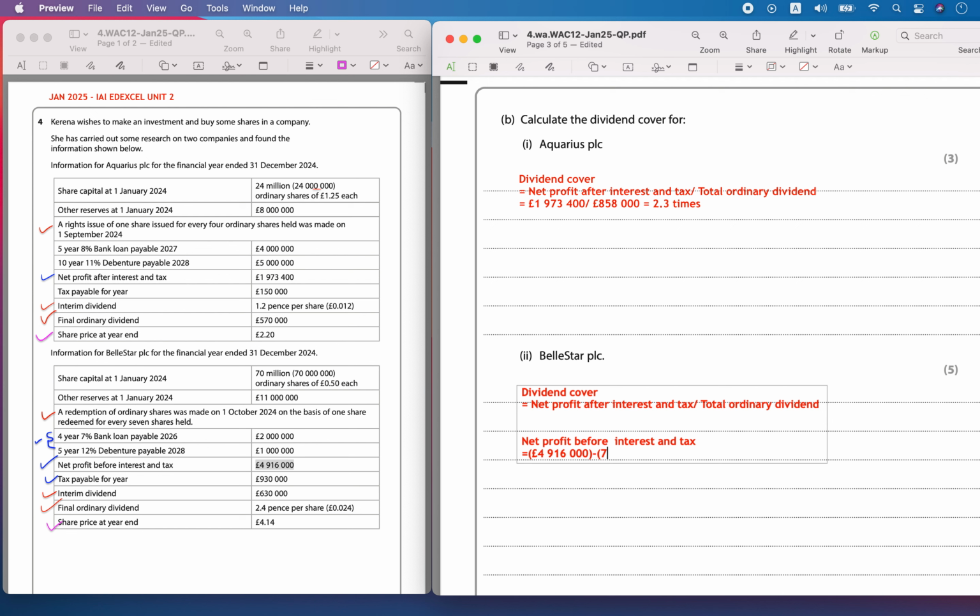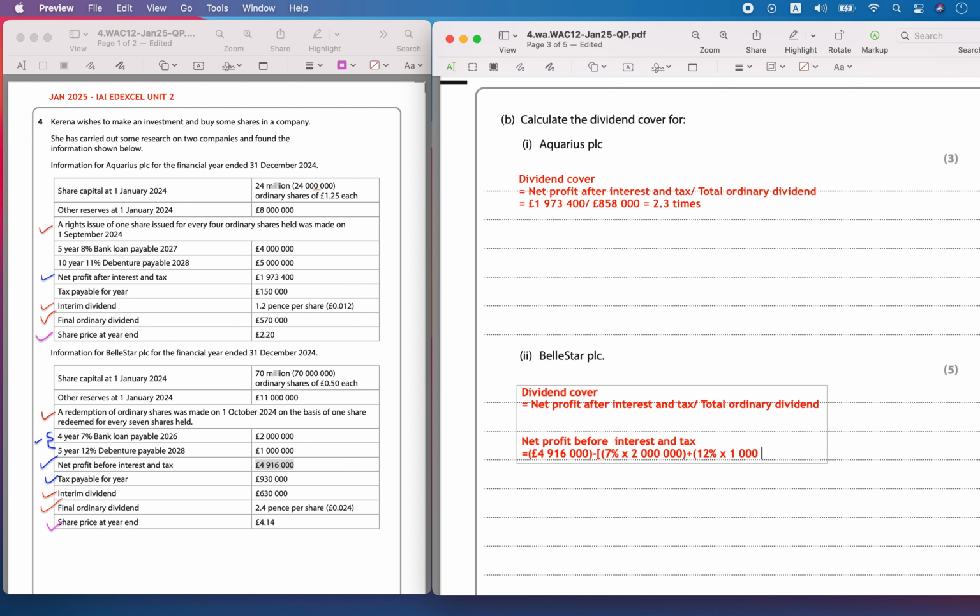You have to pay off the interest also. 7% of 2 million. Plus one more interest is there, which is a debenture interest, that is 12% of 1 million.